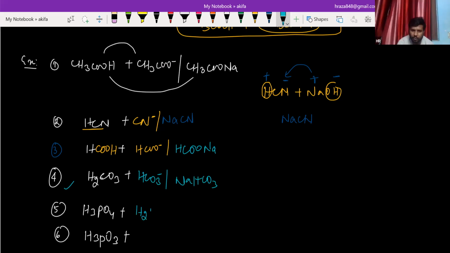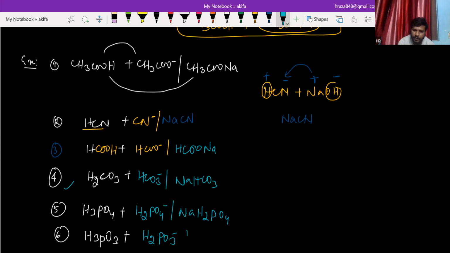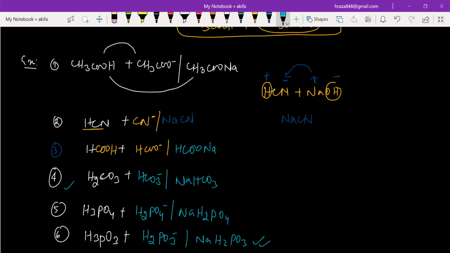What about this? This is basically H2PO4 minus, and we can write NaH2PO4. In the same way, we can write H2PO3 minus, and we can also write NaH2PO3. Very good.